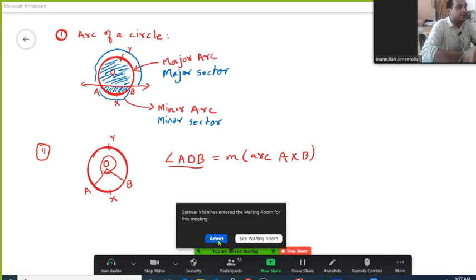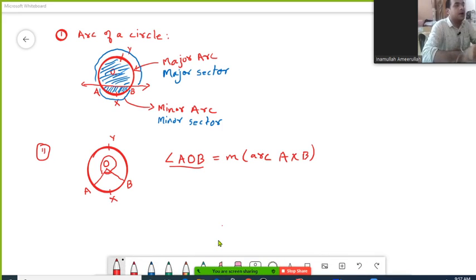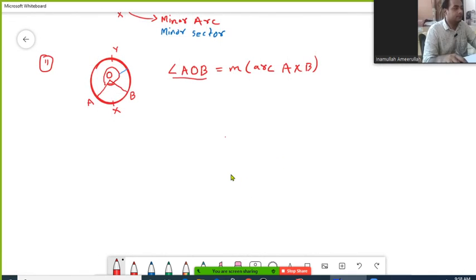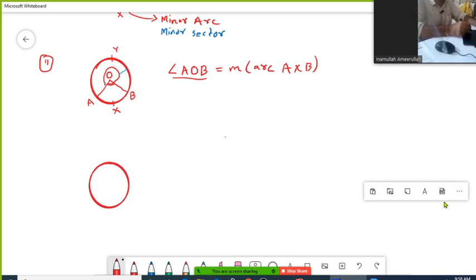So this way we can find out major arc of a circle or central angle made on the center of a circle. Congruence of arc.